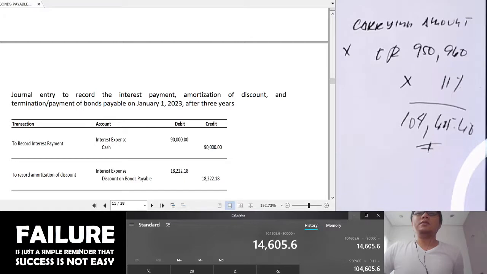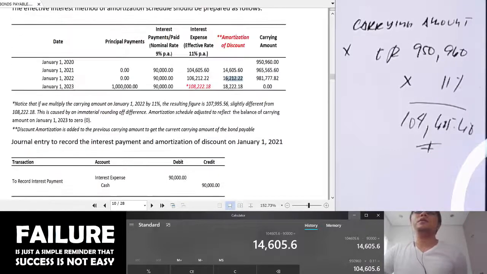Then, the amortization of discount per schedule. Okay? Which is itong 18,222.18. And by the way, class, baka medyo magtaka kayo bakit pag i-multiply natin ito, yung carrying amount on January 1, 2022 by 11%, hindi ito yung answer.